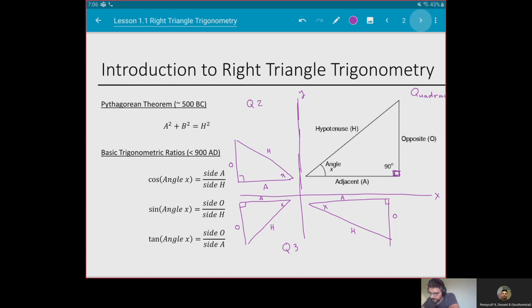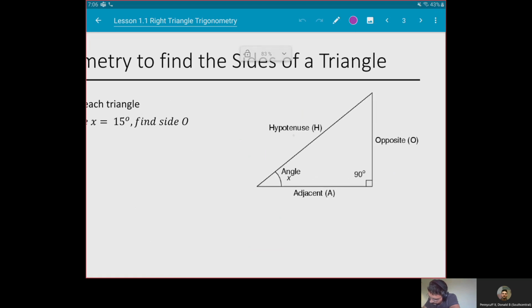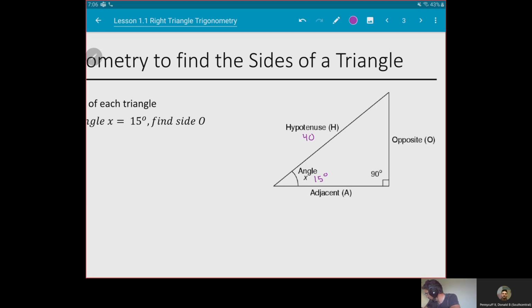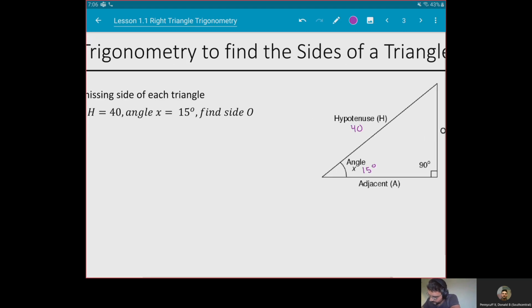All right, so let's work a problem here. So right here, we've got the hypotenuse is 40. X is 15 degrees. And we are looking to find side O. Now, the important thing is going to be that I don't think I have a calculator on me. So this is going to be interesting.